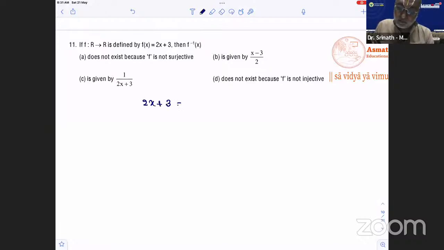You solve for x. What is that x you are going to get? y minus 3 by 2. You are writing f(x) = y, so your x is equal to f inverse of y.